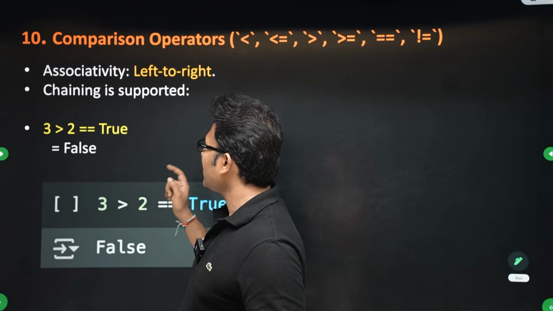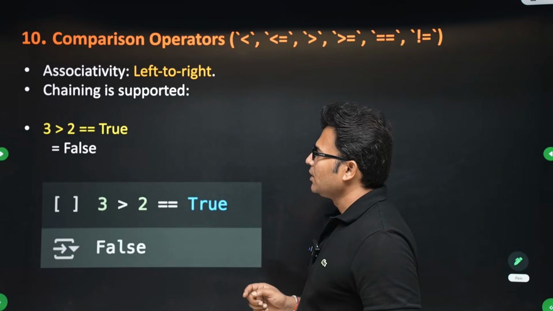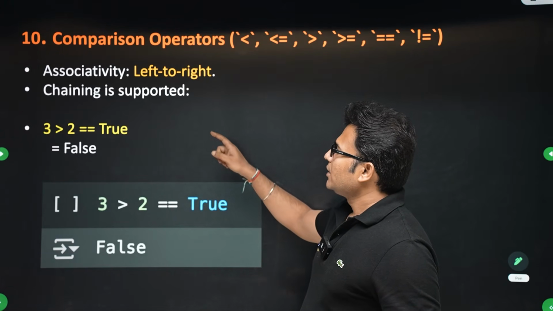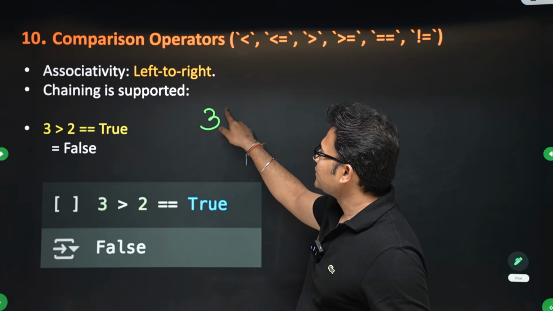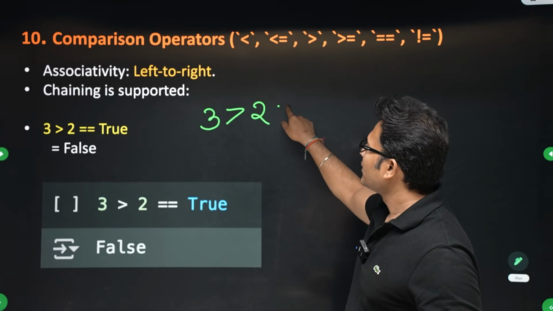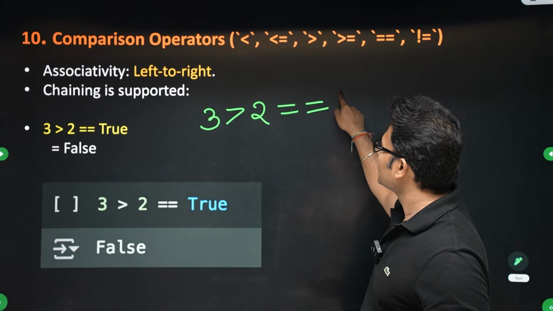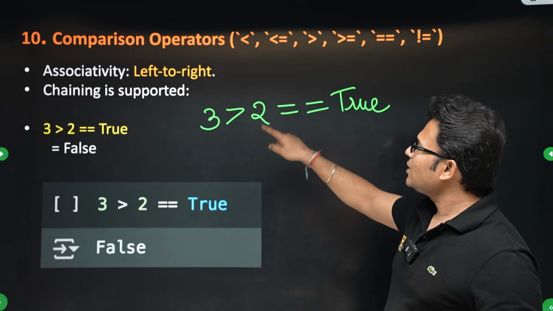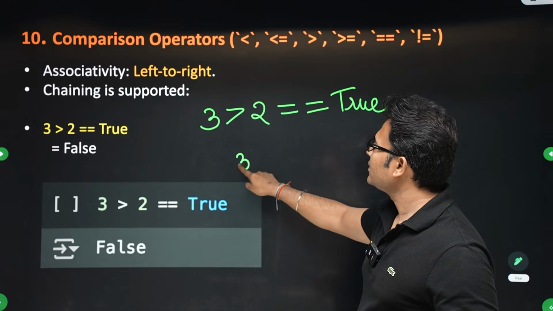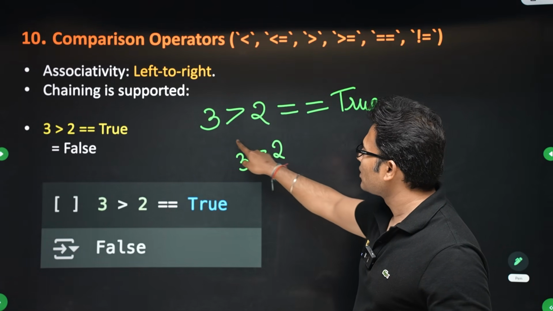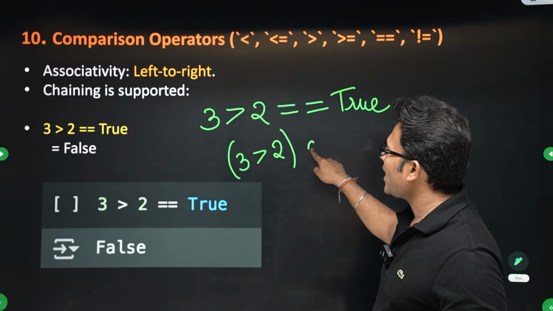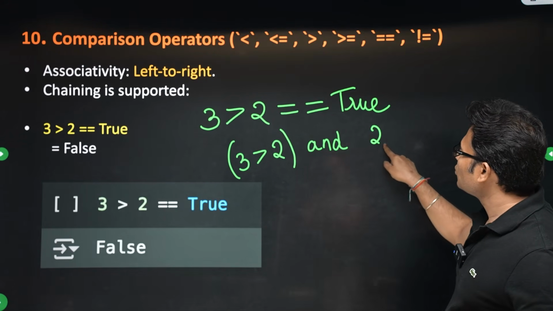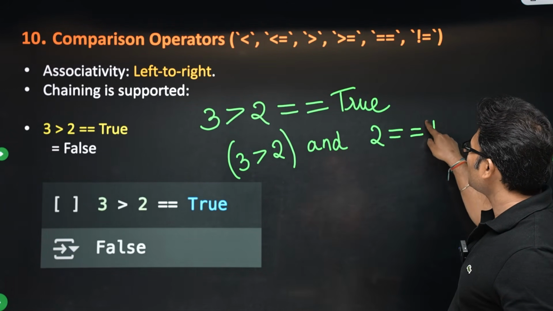Okay, here it is, chaining. I'll show you later with some other example, but let's first look at chaining. What chaining is, if this is written like this, 3 is greater than 2 is equal to true, this is evaluated as 3 is greater than 2 and 2 is equal to true.